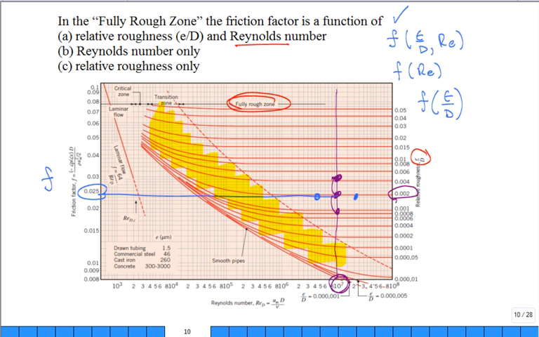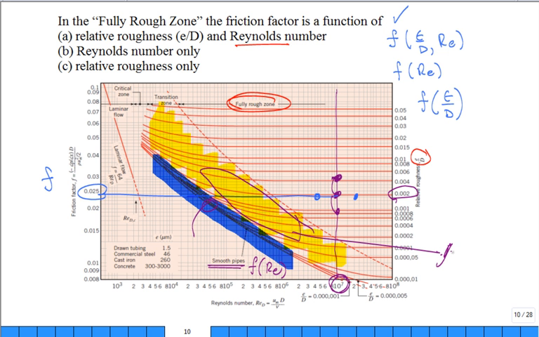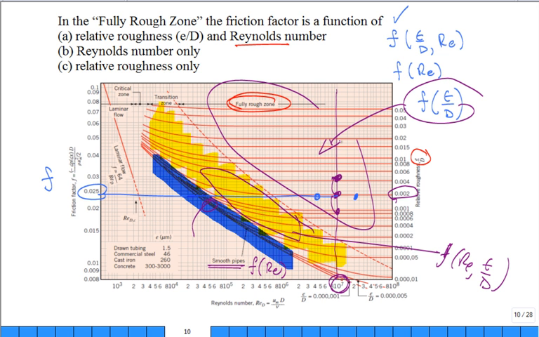How about for the smooth? Well, first of all, if it's smooth, what's the relative roughness? 0. That's right. So it's only a function of Reynolds number. For smooth, it's a function of the Reynolds number only. In this region, it's a function of the Reynolds number and relative roughness. In the complete or fully turbulent or fully rough region, it's a function only of relative roughness.